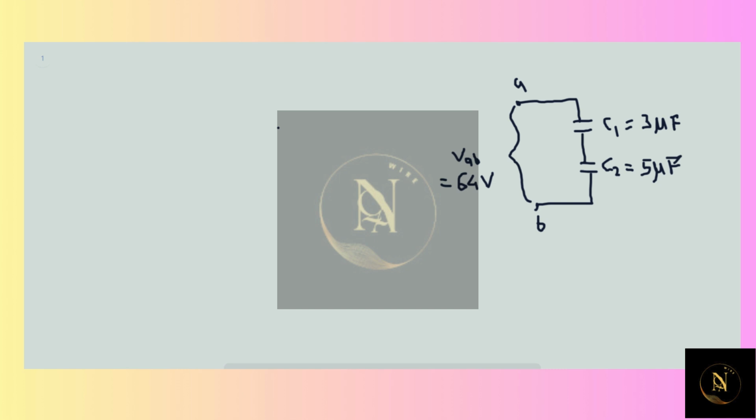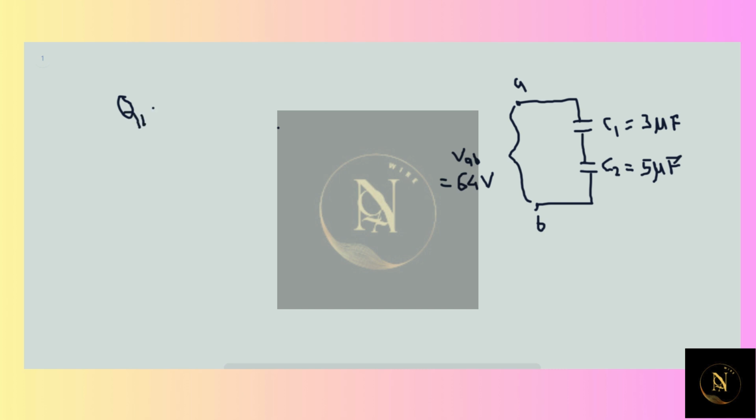each of the capacitor. So as we know that in series combination, the charge on each of the capacitor is going to be same. So let's say the charge on capacitor C1 is Q1.